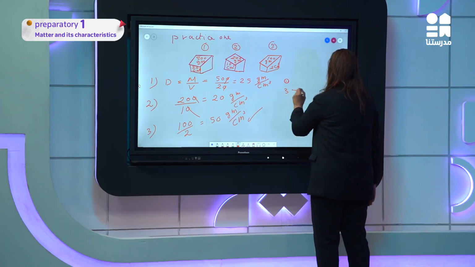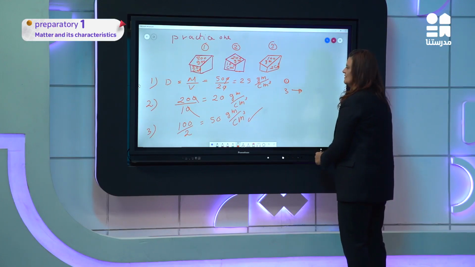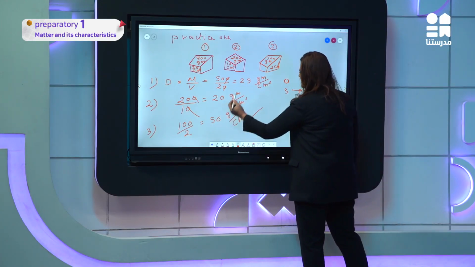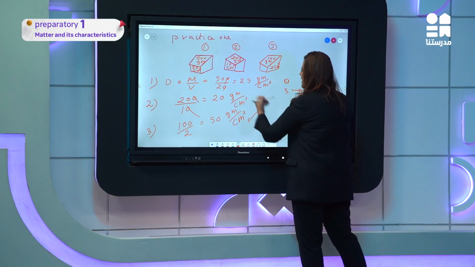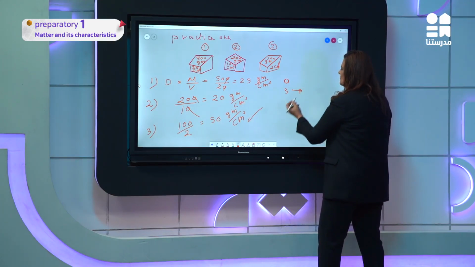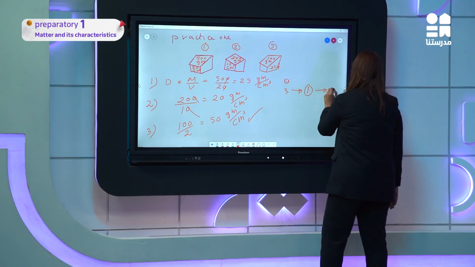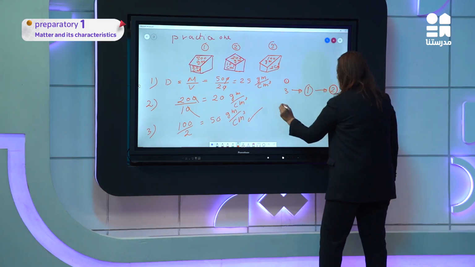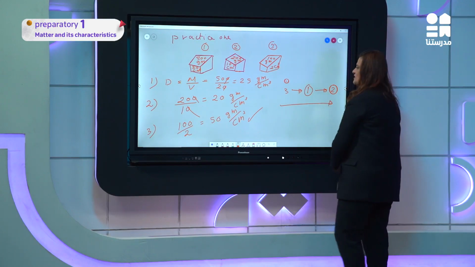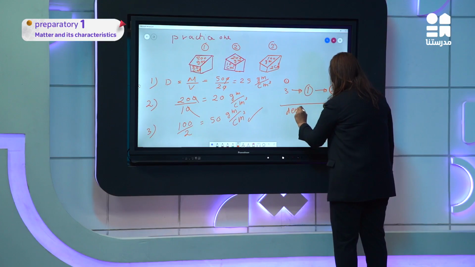طب مين بعديه؟ ده أكبر واحد. طب مين بعديه؟ ها؟ 2 or 1? I have here 20 gram per cubic centimeter, and I have here 25 gram per cubic centimeter. But which one? مين فيهم؟ 25, which is what? 1. يبقى بعد كده في 1 وبعد كده في مين؟ 2 هو آخر واحد. لما بمشي في الاتجاه ده، بمشي في الدايركشن ده، ايه اللي بيحصل؟ الدنسيتي مالها؟ What about the density here?